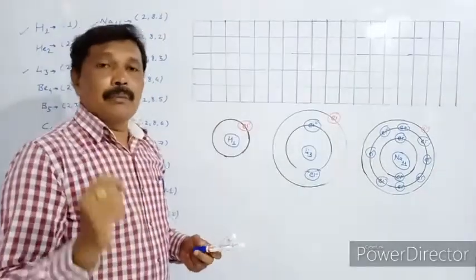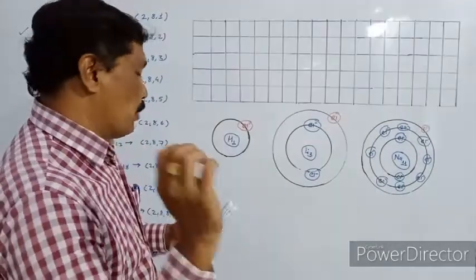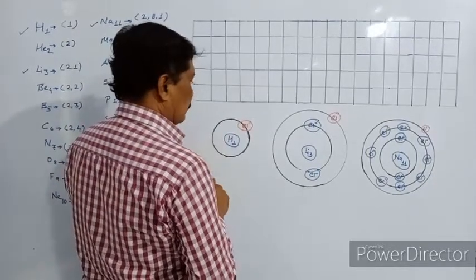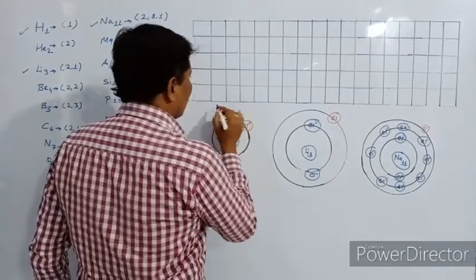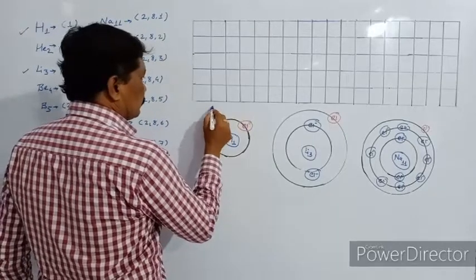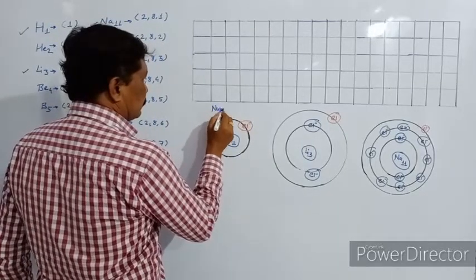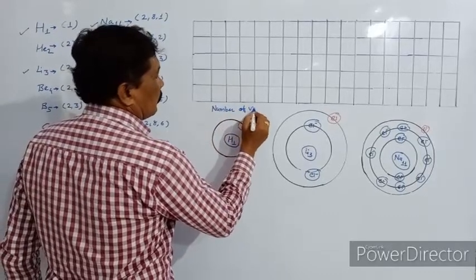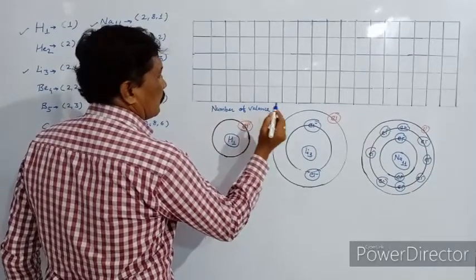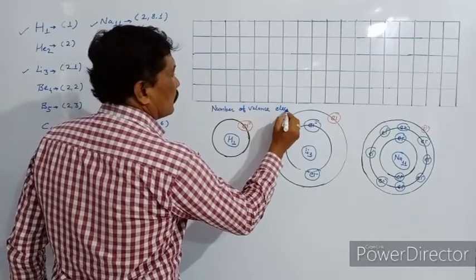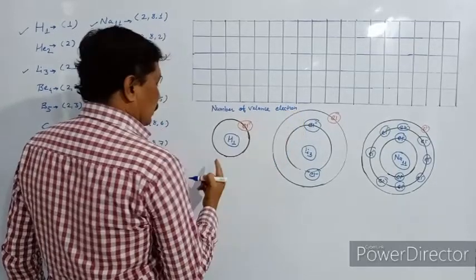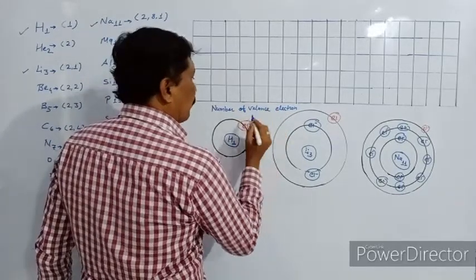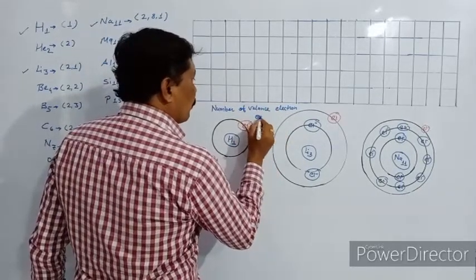The number of electrons present in the outermost shell is called valence electron. In hydrogen, the number of electrons is 1.